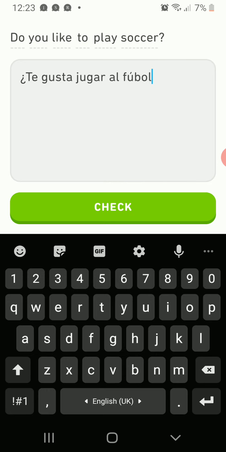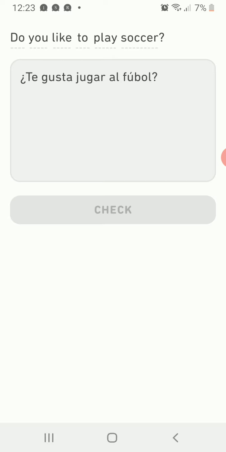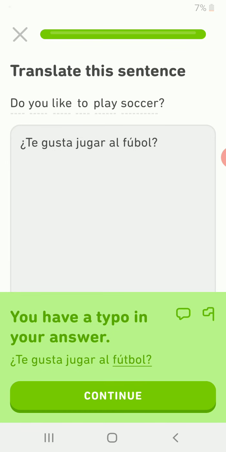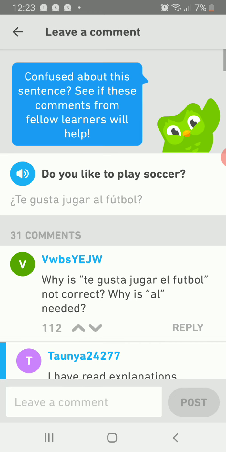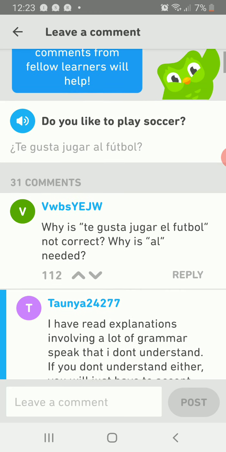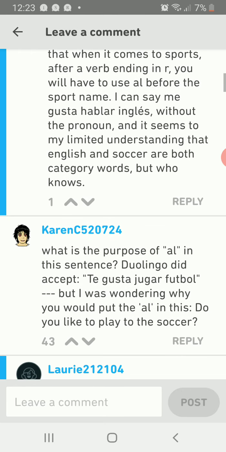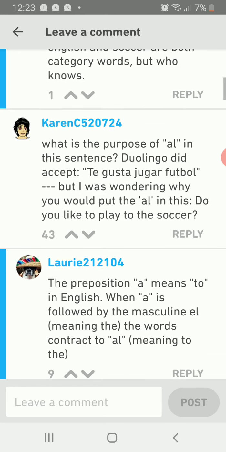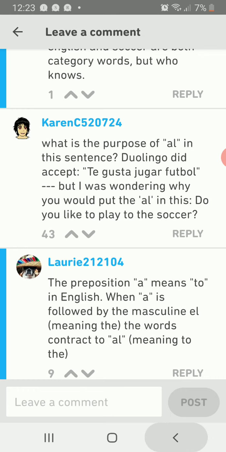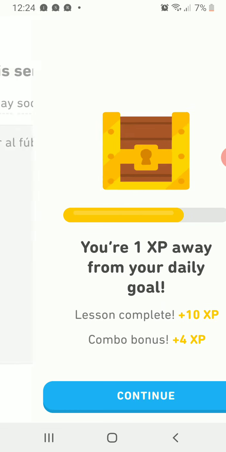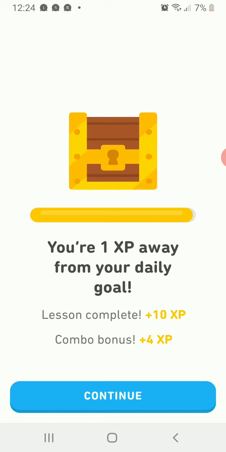Te gusta jugar al fútbol? Yeah, but it's not football, but fútbol. The thing is, let's see in the forum what they say. Alright, I didn't find anything interesting, but it's not football, but fútbol.